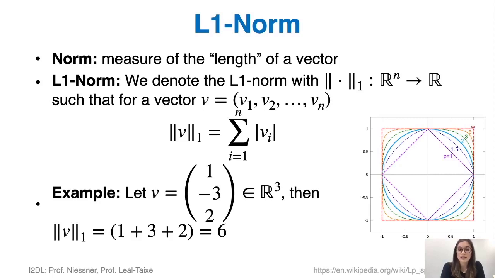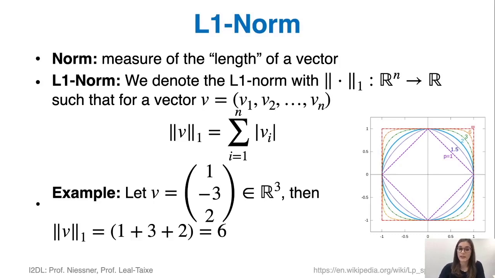So it's just the summation over 3 elements, in this case 1, 3, and 2. So we just take the absolute values of all the components. So in this case, minus 3 gets a 3 because we take the absolute value, and 1 and 2 stay the same. And then we just sum over them, which gives us the result of 6. So the L1 norm of this vector is equal to 6.